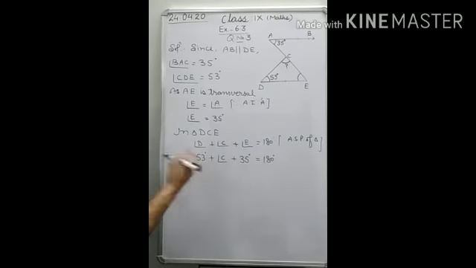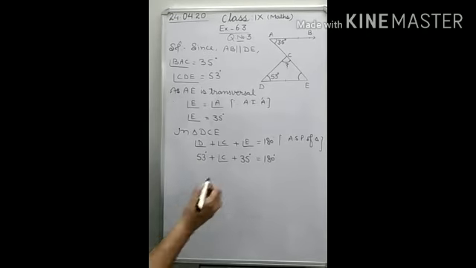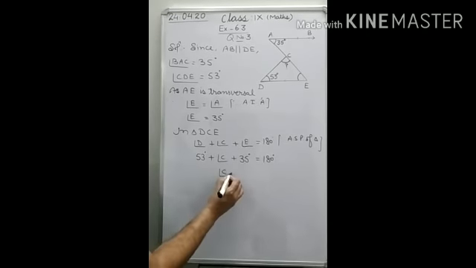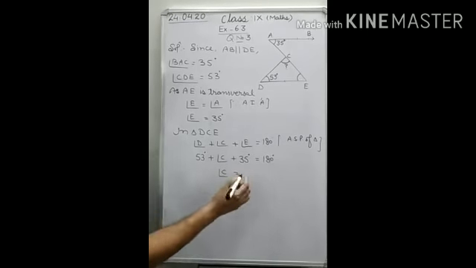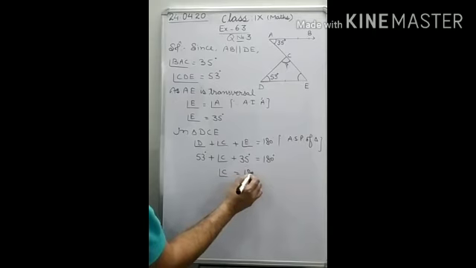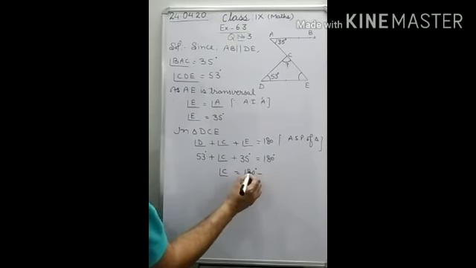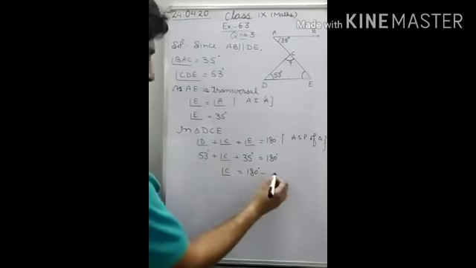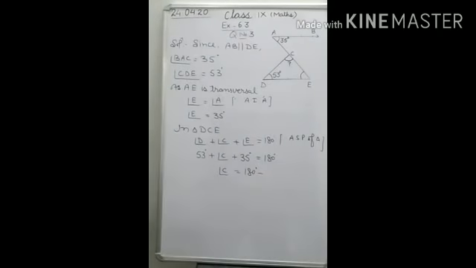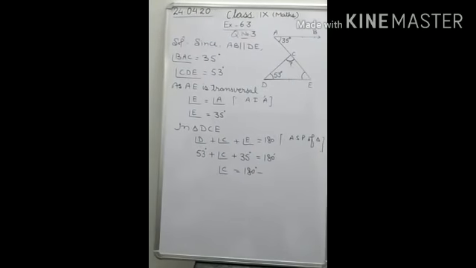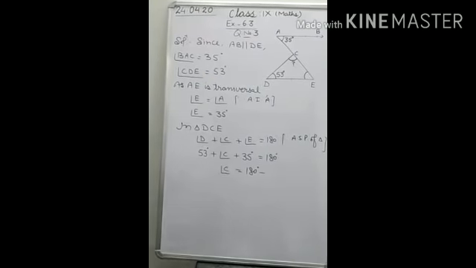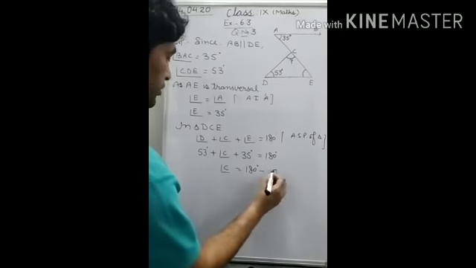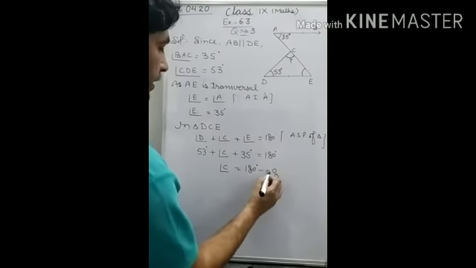Now from here we have to find the measure of angle C. So for that, we will transpose these two terms. Here it will be 180 degrees minus how much? 5 plus 3, 8.